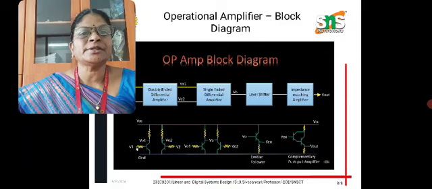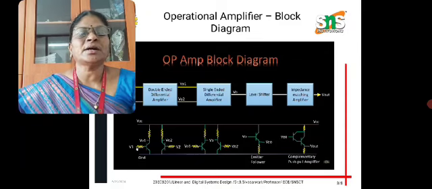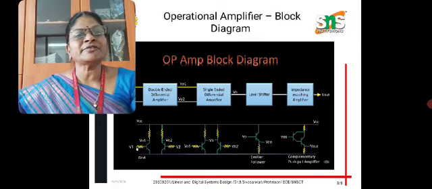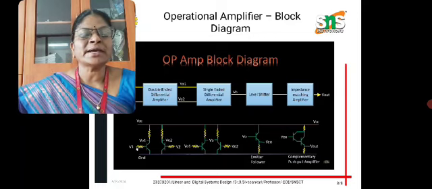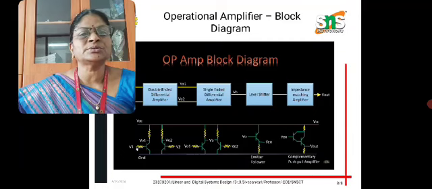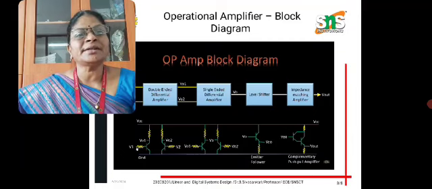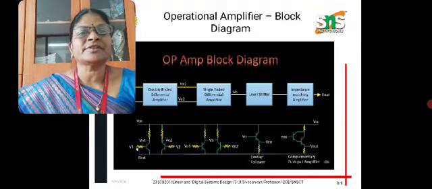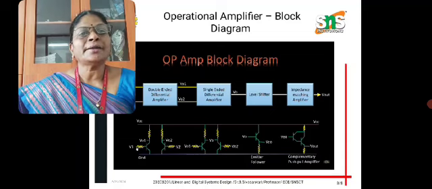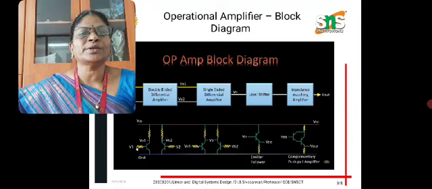We are giving two inputs here, V1 and V2, and we have a differential amplifier. Under the block, I have shown a circuit which consists of a double-ended differential amplifier. The meaning of double-ended differential amplifier is that you are giving two different inputs and you are receiving two different outputs, like VO1 and VO2, two different output voltages.